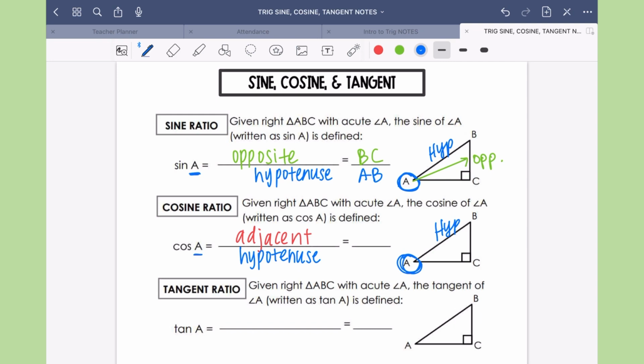Adjacent, since I can't choose my hypotenuse for adjacent, I have to go this way. So this is adjacent. Now I can set up my ratio: adjacent divided by the hypotenuse. The adjacent leg is AC, right here, I labeled it, divided by the hypotenuse, which is AB.